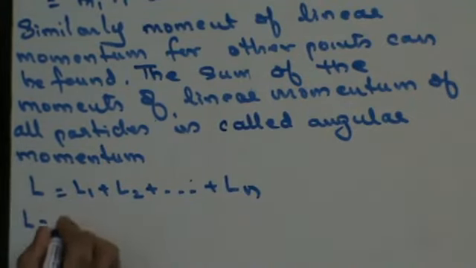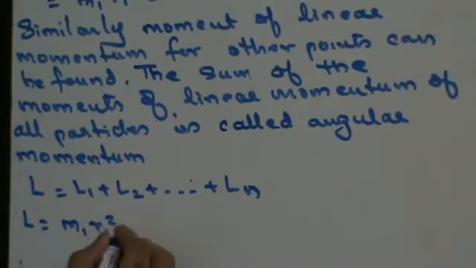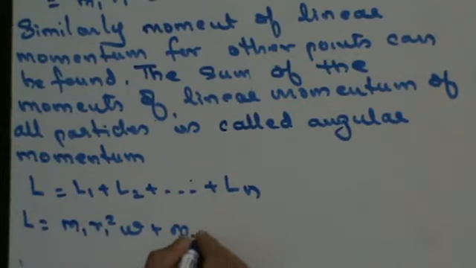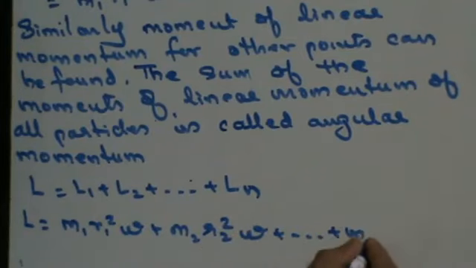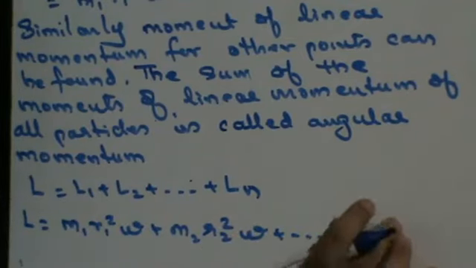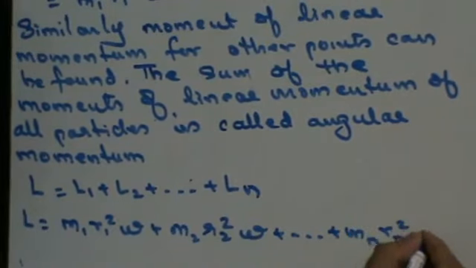Therefore, I can say L is m1 r1 square omega plus m2 r2 square omega plus up to mn rn square omega.